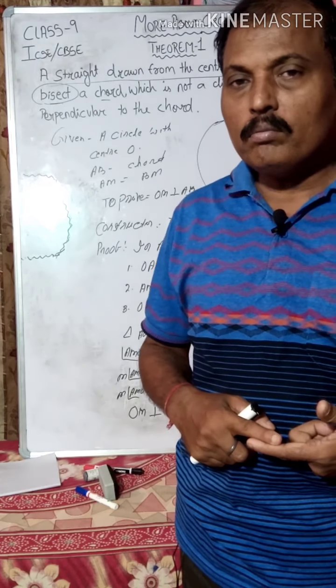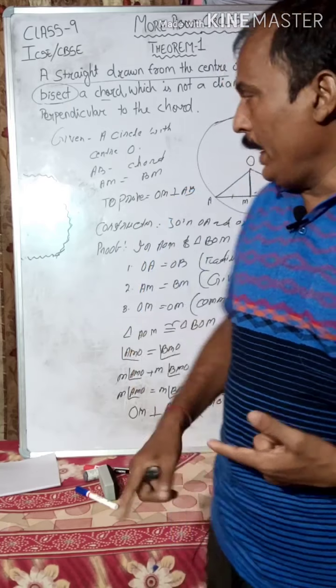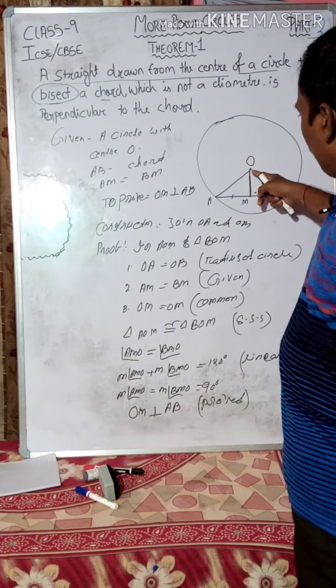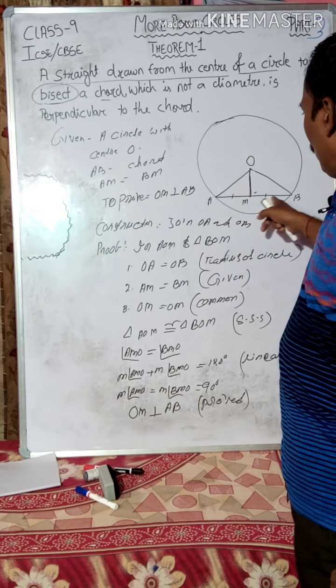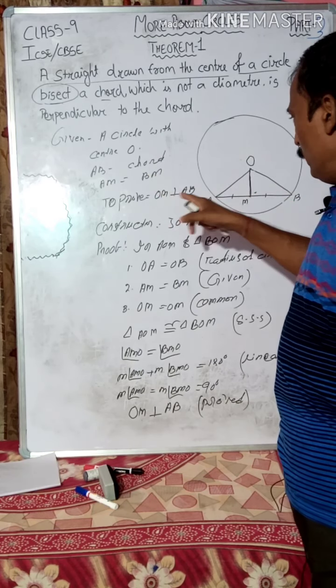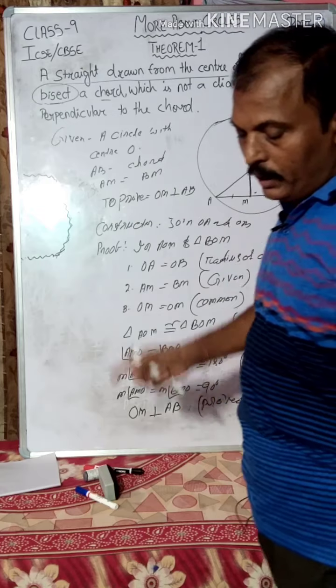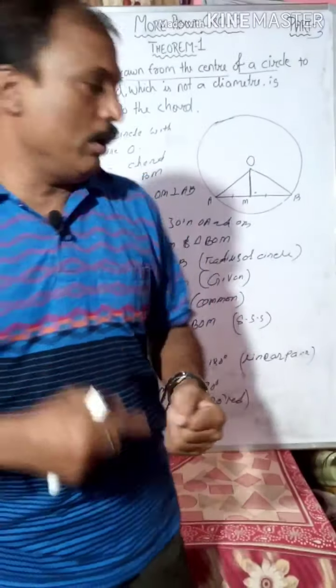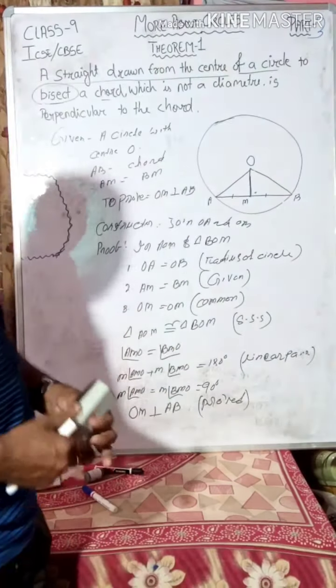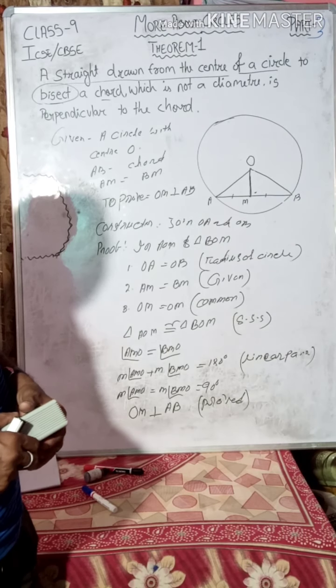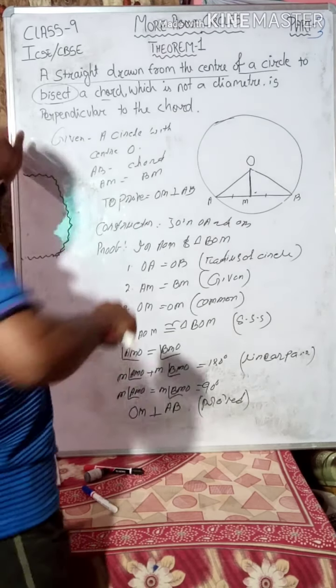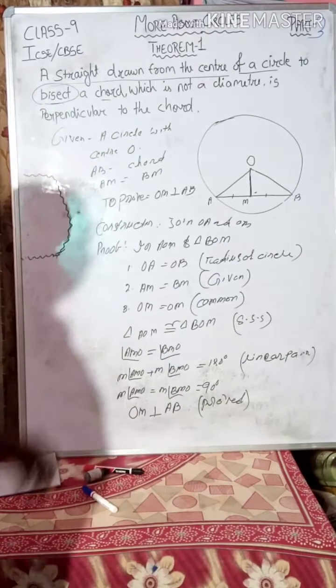This is the second theorem. A line drawn from the center which is perpendicular to the chord bisects the chord. If this is perpendicular, we have to prove AM is equal to BM. It is very easy. You can prove it by taking two congruent triangles. Now take a screenshot.